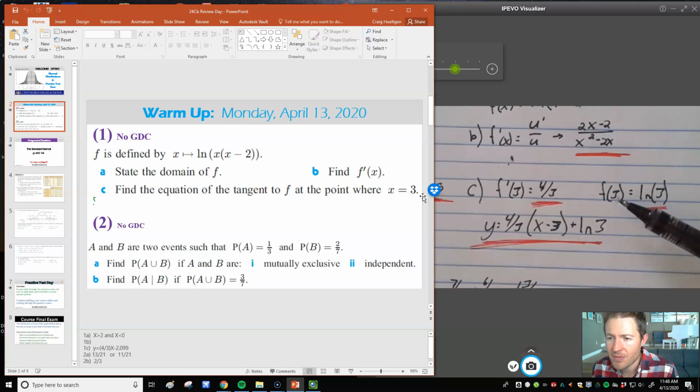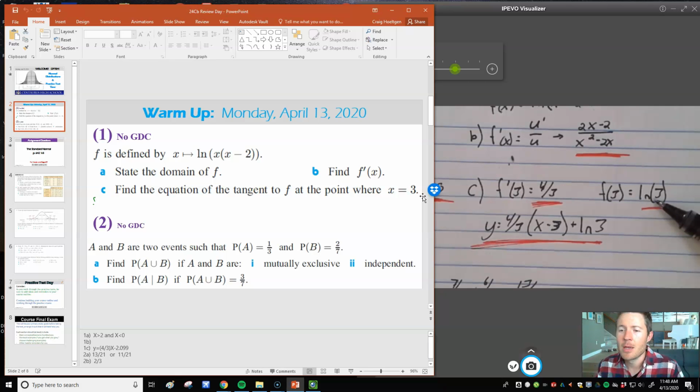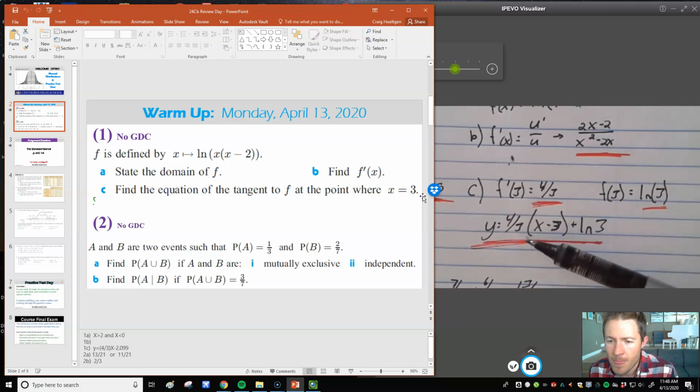Again, this is just some x value 3, some y value here. Now that you have a slope and a point, use point slope form: some sort of vertical stretch, your x is shifted by that amount, minus 3, and then some vertical shift there. There it is, an equation in tangent form. If you want slope-intercept form, go and distribute it in, but it's not required, and here you go.